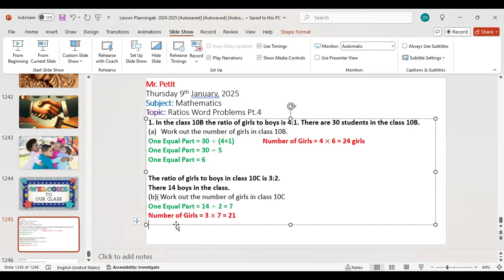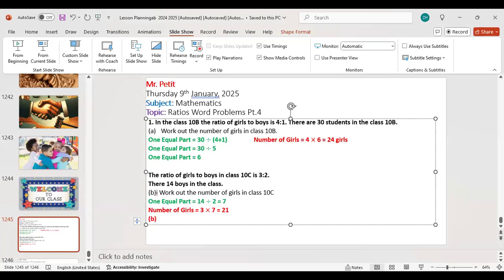It's going to be B double I. Write down in simplest form the ratio of girls to the total number of students in class 10C.